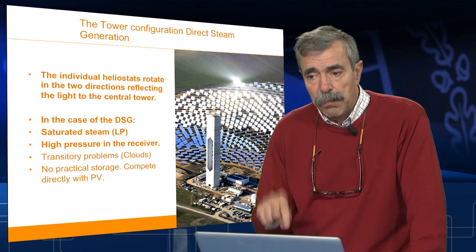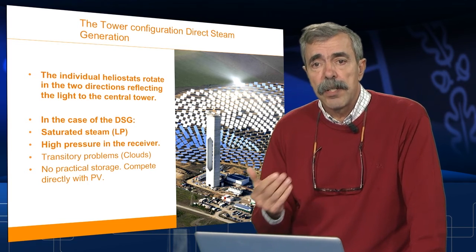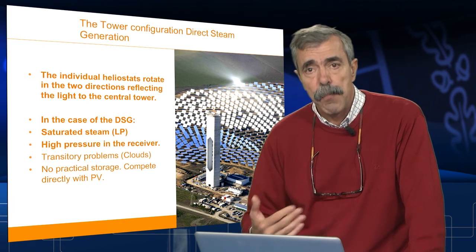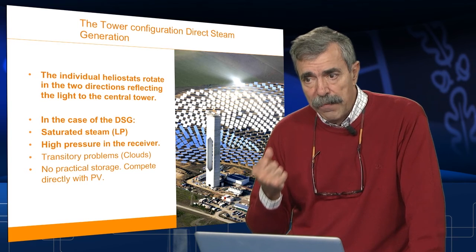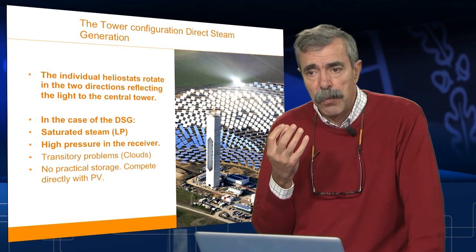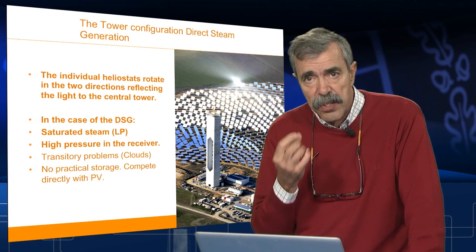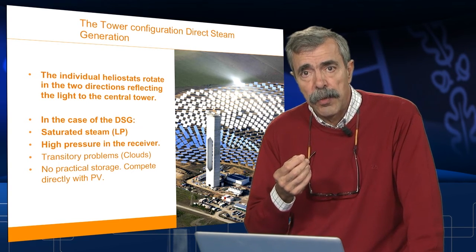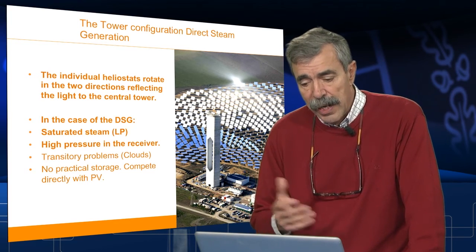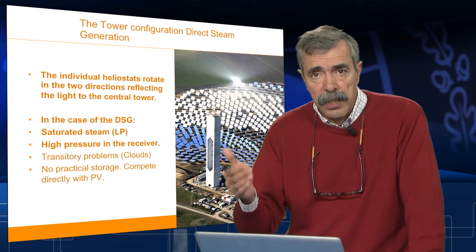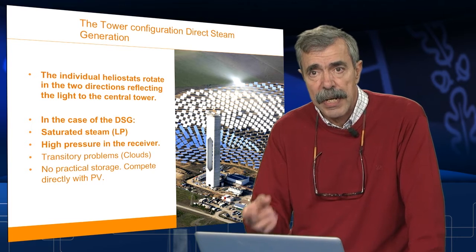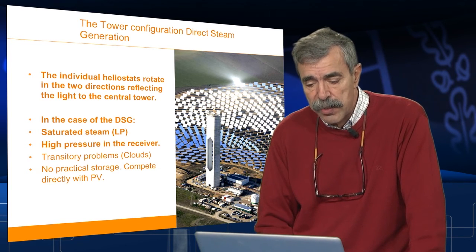On top of that, in that particular receiver you are generating steam, and steam at high temperature means high pressure steam. So you need a receiver able to withstand the changes in temperature as well as very high internal pressure. This adds complexity and causes problems of cracks and things like that in the receiver itself.